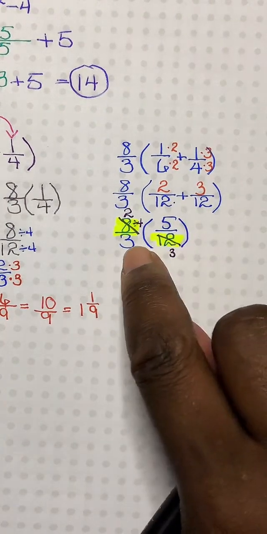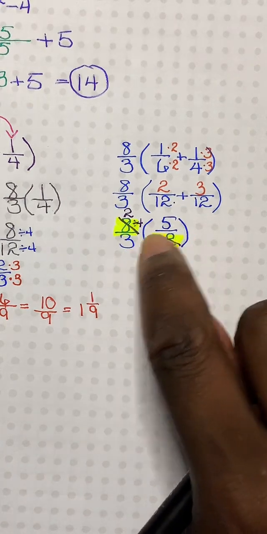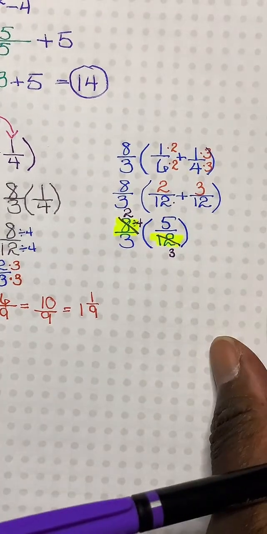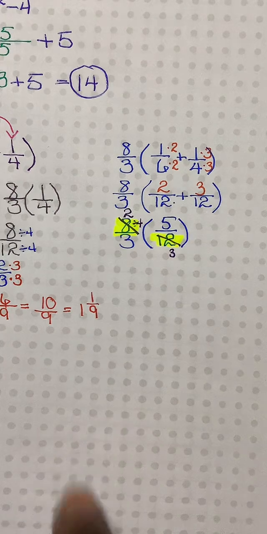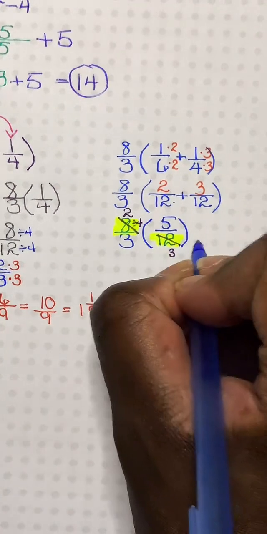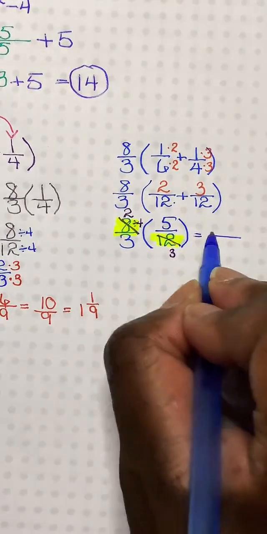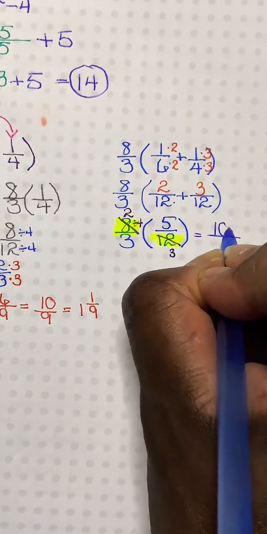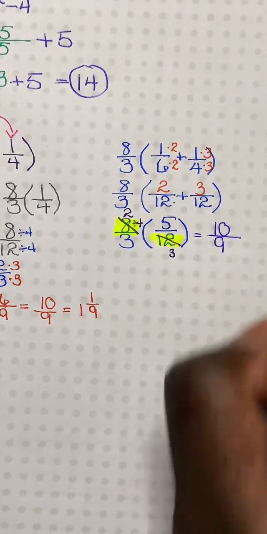If I tried to go across this way with the 5 and the 3, the only thing that 5 and 3 have in common is 1. So that's not going to help us out. So that means this is at its lowest term. So now that we simplified that, all we have to do is just multiply straight across, horizontally. 2 times 5 is 10. 3 times 3 is 9.